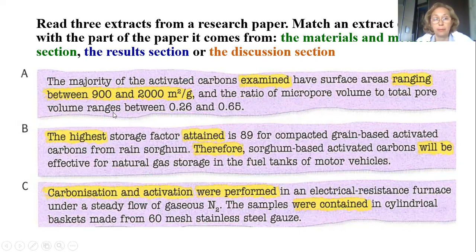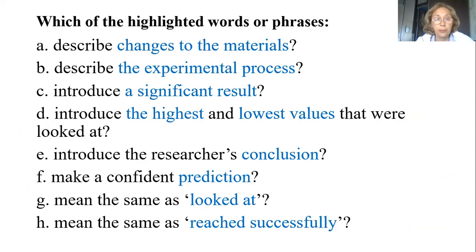Not like 900, 2000. Ranging between 900 and 2000, meter per gram. Yes. This is между. То есть ranging between. This is a useful phrase if you represent the result. Если вы представляете какой-то результат, то вот результат между самым низким и самым высоким значением.